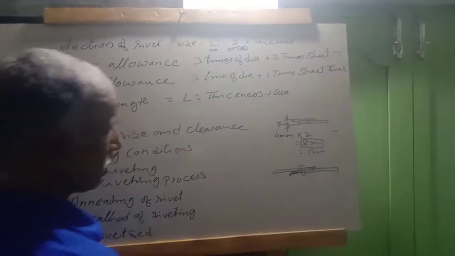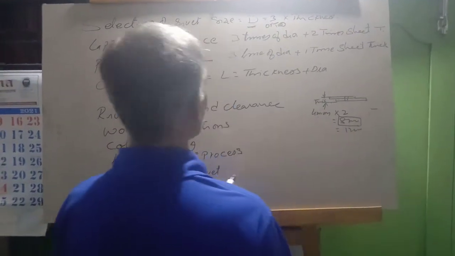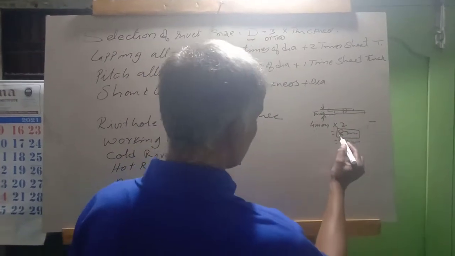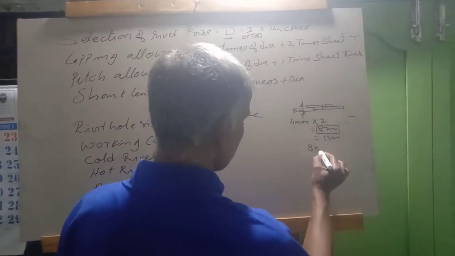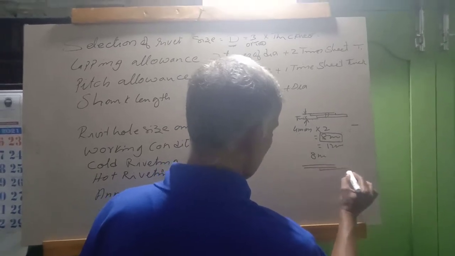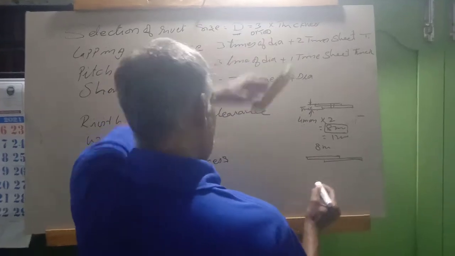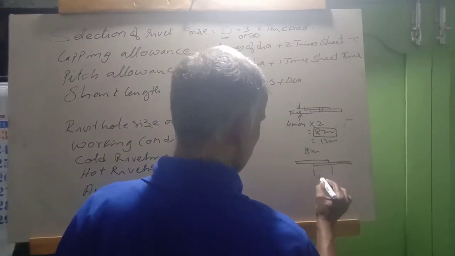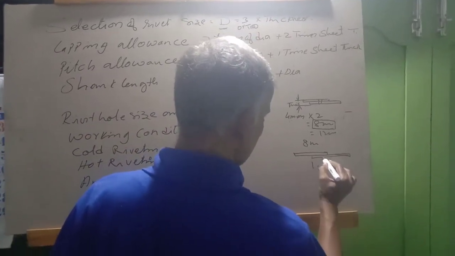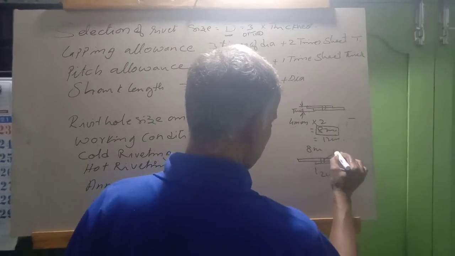So you have to take the perfect overlap. How much should it overlap? 3 times the diameter. The diameter is 8 mm, so 3 times gives 24 mm. The diameter of the rivet will be 8 mm.